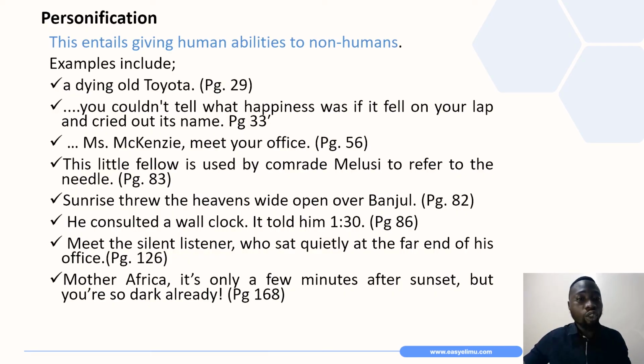Examples include a dying Toyota. A Toyota is a vehicle. So when we say a Toyota is dying, look at the ability that the vehicle has been given. We know that it is only humans who die.